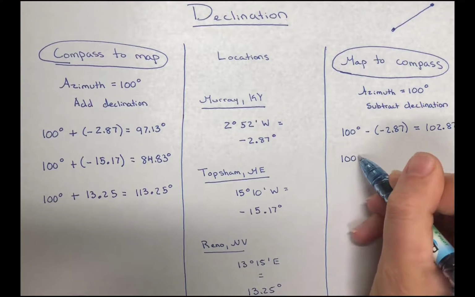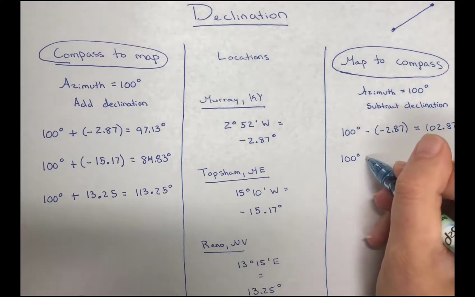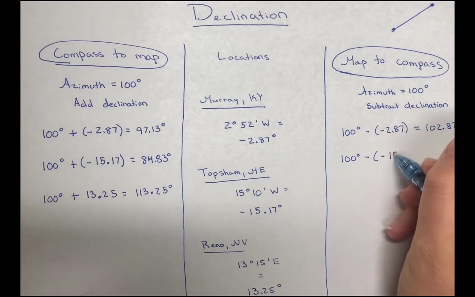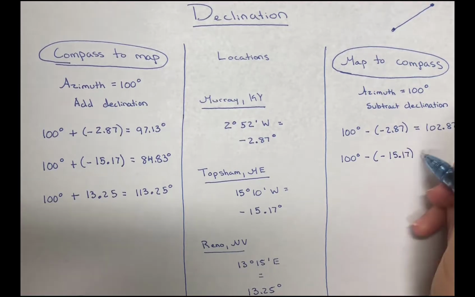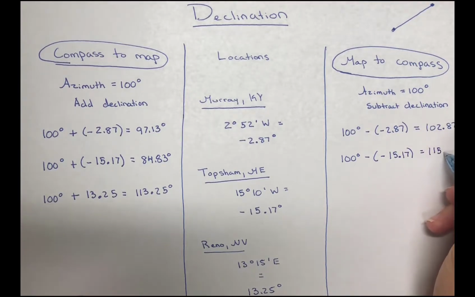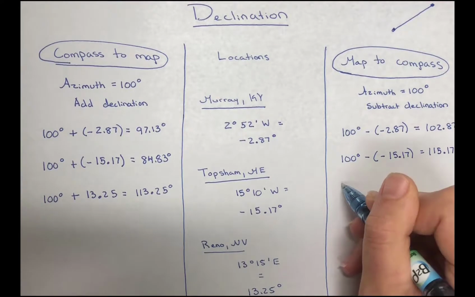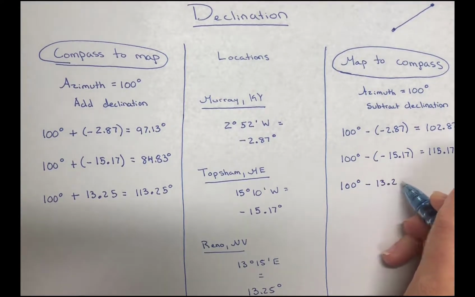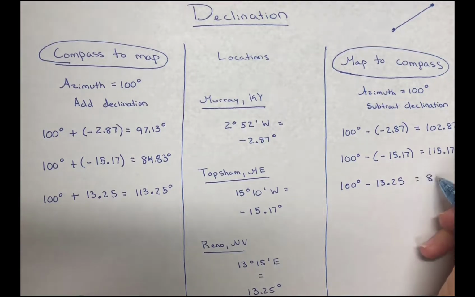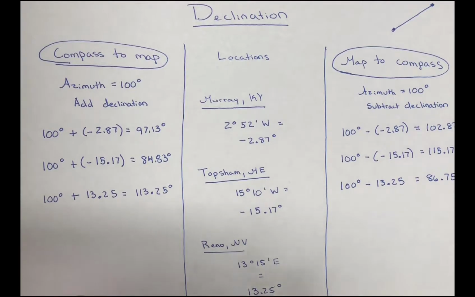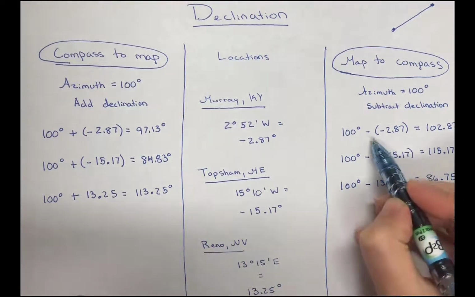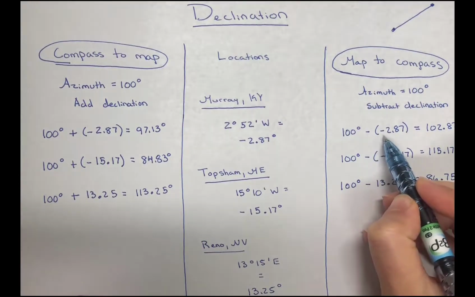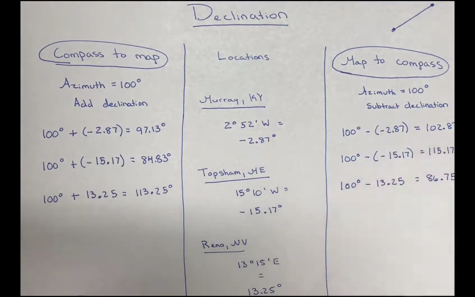For Topsham, 100 degrees, we're going to minus negative 15.17, which equals 115.17 degrees. And then for Reno, we're going to subtract 13.25, and that's going to equal 86.75 degrees. It seems a little bit complex, but as long as you memorize this and remember that if you are subtracting a negative number, it's actually adding it, then you should be okay.